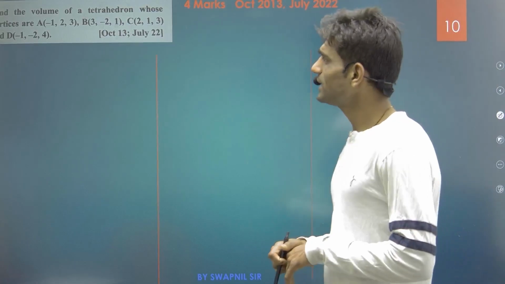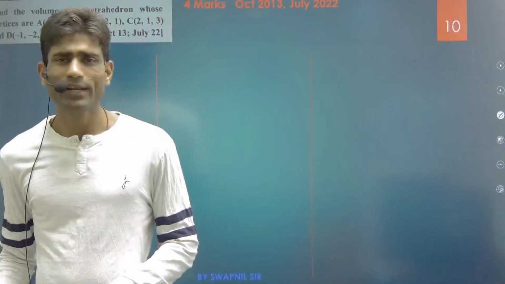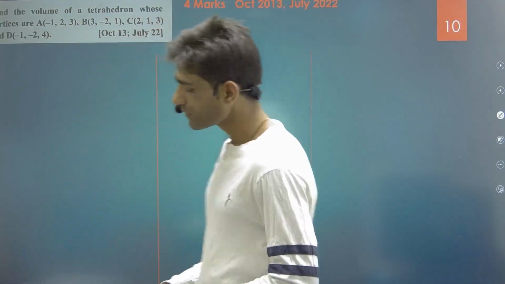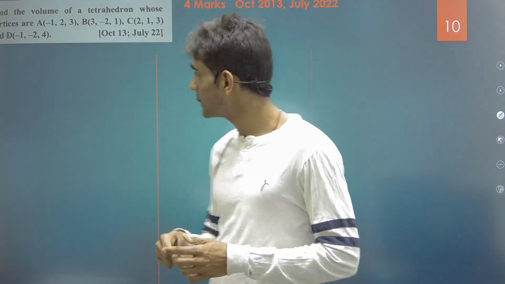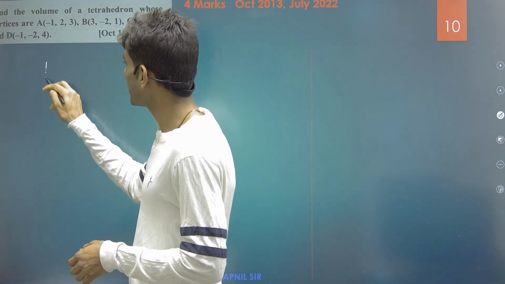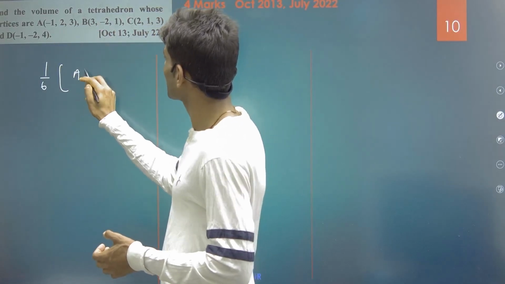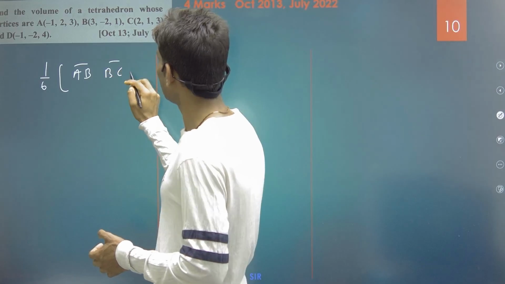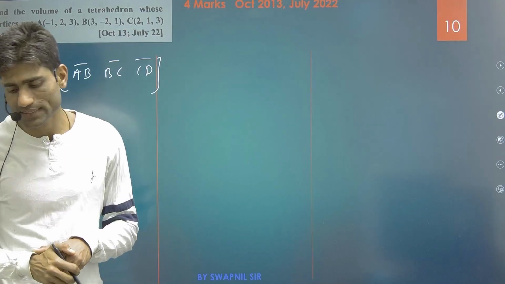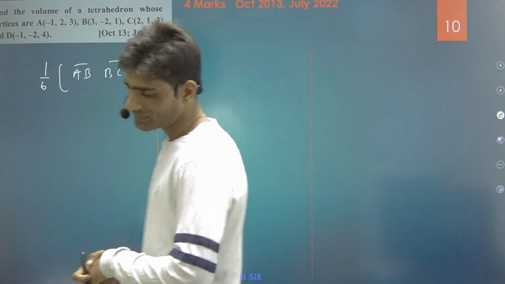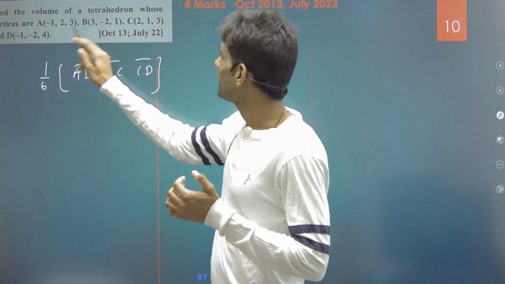In our next example, we want the volume of a tetrahedron, and the vertices of the tetrahedron are given here. We know that the volume of a tetrahedron can be written as 1/6 times the scalar triple product of the vectors AB bar, BC bar, and AD bar.